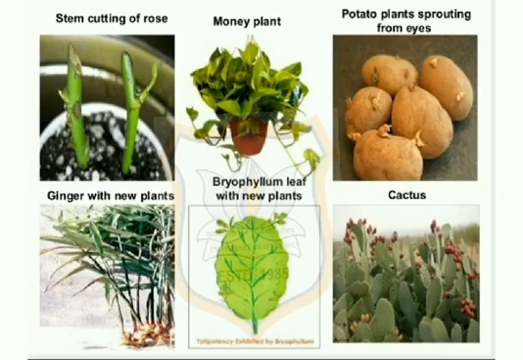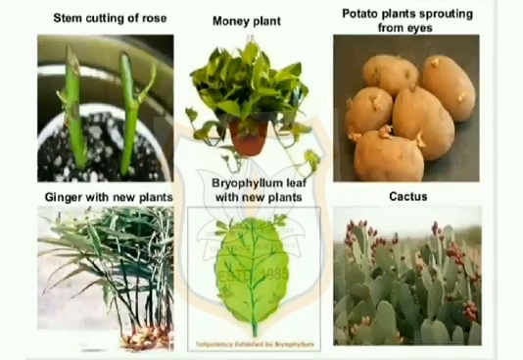If a leaf of this plant falls on moist soil, each bud can give rise to a new plant. And plants such as cactus produce new plants when their parts get detached from the main plant body. Each detached part can grow into a new plant.